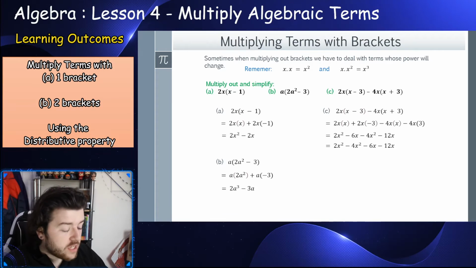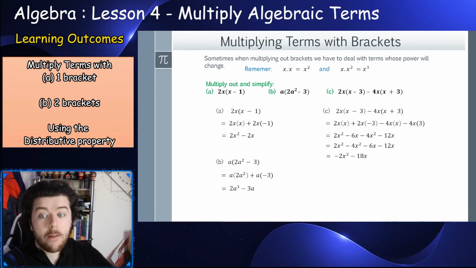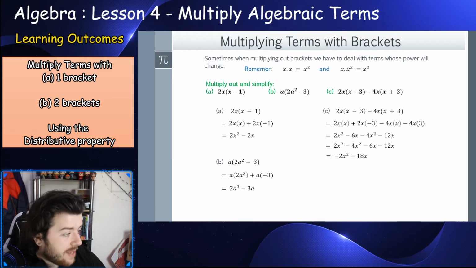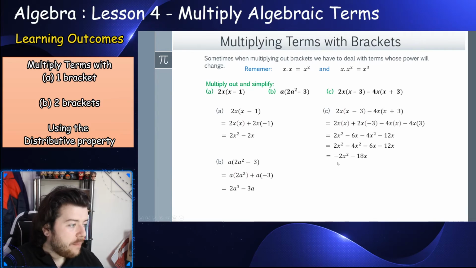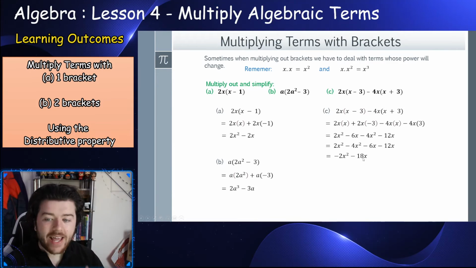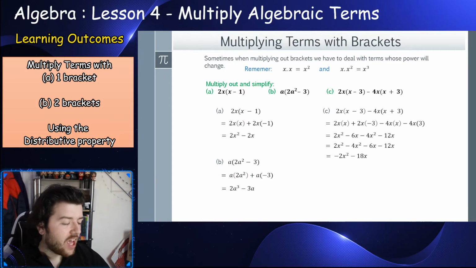So that'll be 2 minus 4, which is negative 2x squared. And then minus 6x minus 12x. So that's going to be minus 6 minus 12, which is equal to minus 18x. And that's it, simplified. I can't simplify it anymore because these are not like terms and I cannot add unlike terms.